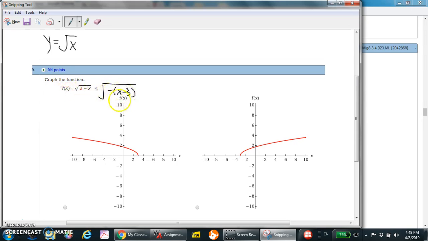One is the horizontal translation. Another one is a y-axis reflection. So we're going to do the y-axis reflection first. We define the function g(x), which equals the square root of negative x.